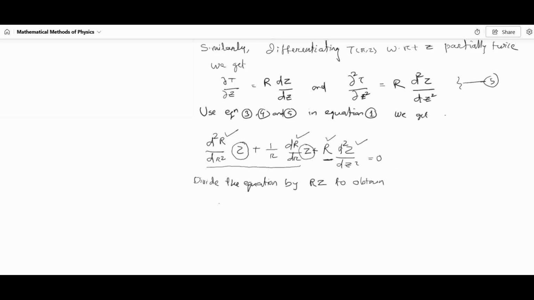So we will get 1 by r d square r by dr square plus, here also z cancels, we will get r in the denominator, 1 by r into dr by dr plus, in this term r and r will cancel, we will get 1 by z d square z by dz square equal to 0.